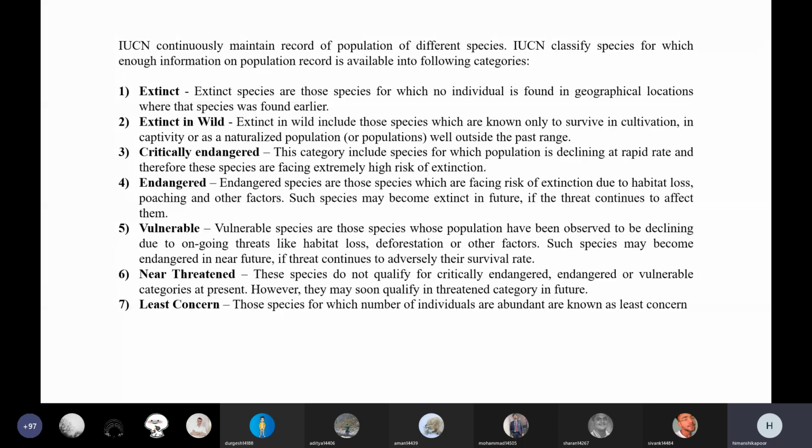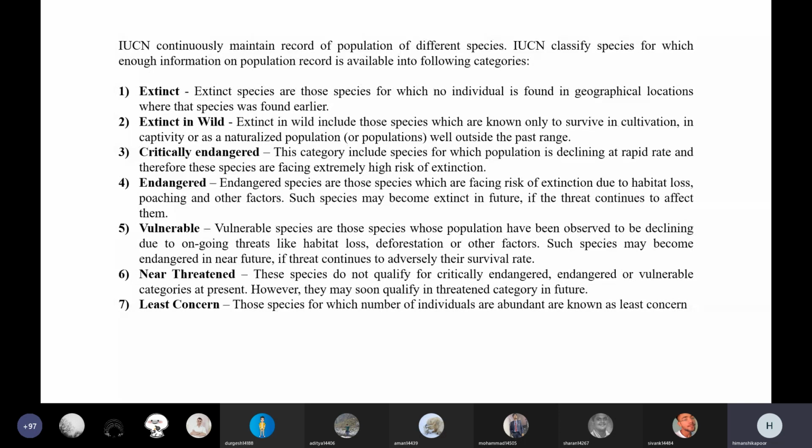Now coming to the next category, the vulnerable species. वल्नरेबल species में भी यही हो रहा है, that the population of the species is declining, but still it is much less than endangered or critically endangered. Factors again are similar: habitat loss, deforestation and other developmental or anthropogenic activities which are leading to a loss.